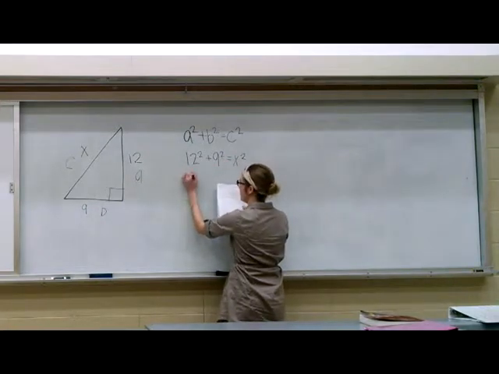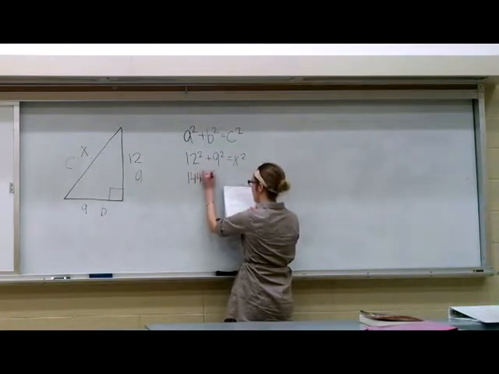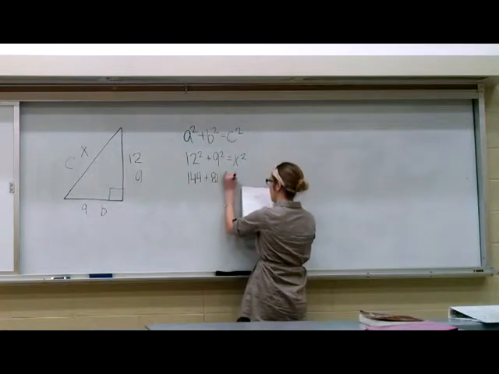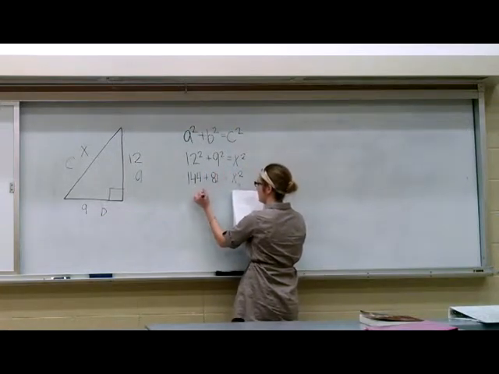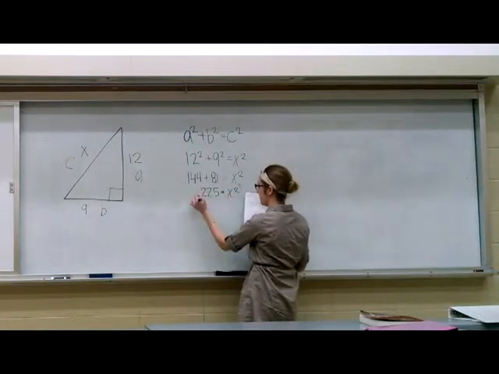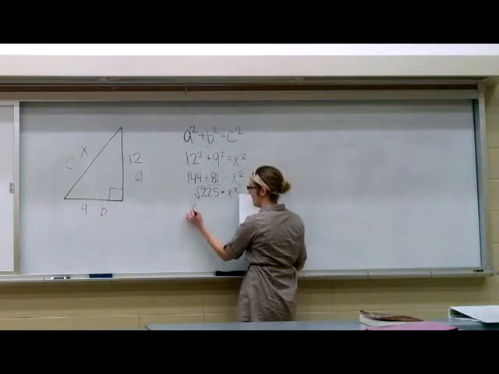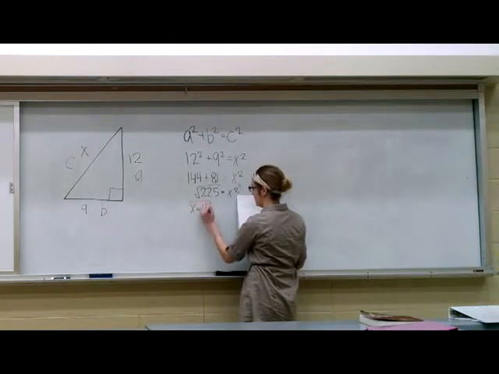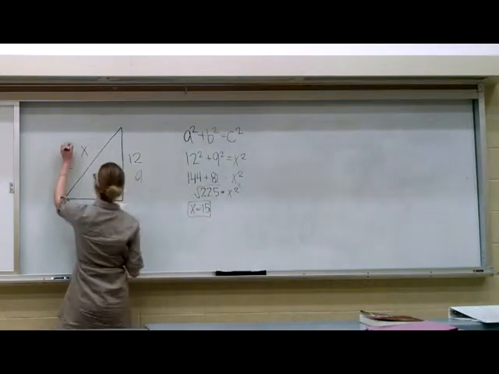So that goes to 144 plus 81 equals x squared. So 144 plus 81 is 225. And then to get rid of the square, you would square root 225, so x would equal 15. So that would give you the length of this side.